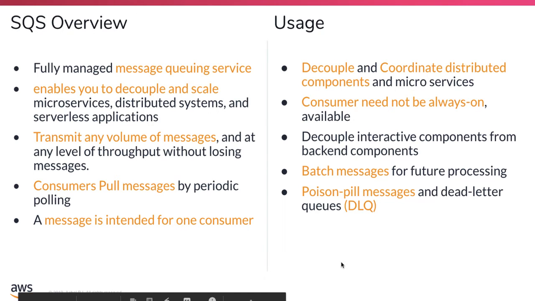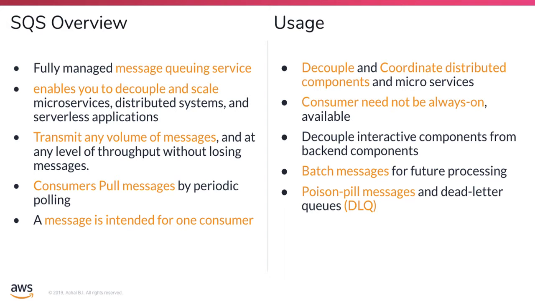So basically, the usage patterns are something like this. You use it when you want to decouple the components within your architecture, and when you see that the consumer is not always available, and you want a decoupled system where the consumer, whenever it becomes active, can consume the messages. So it decouples interactive components from backend components.